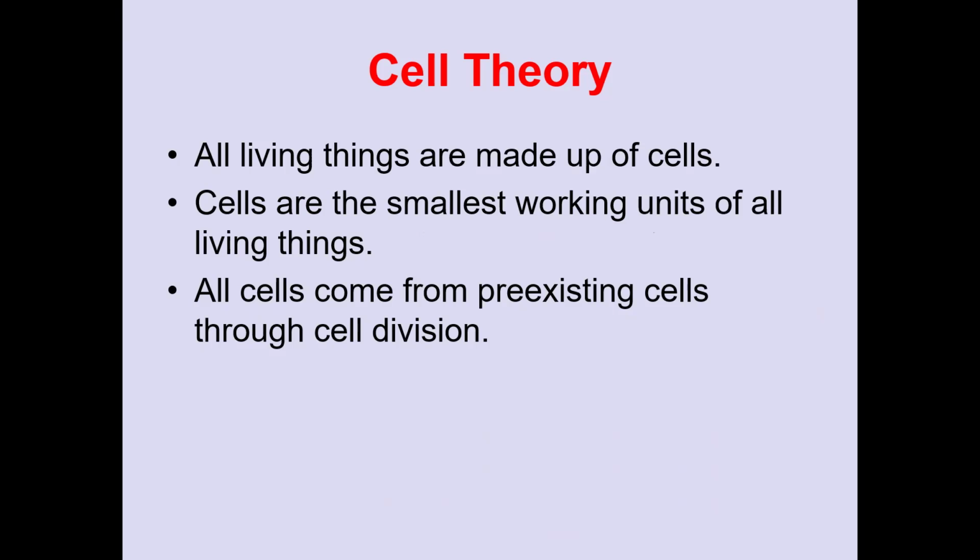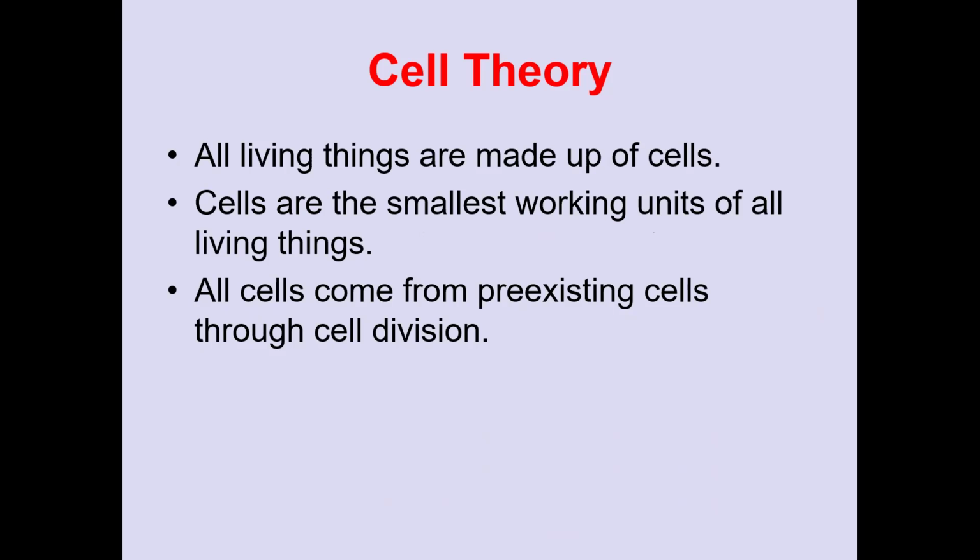And all cells are called the smallest working unit of living organisms. It means it is the cell, as small as it is, that is the smallest structural and functional unit capable of carrying out all the life activities.